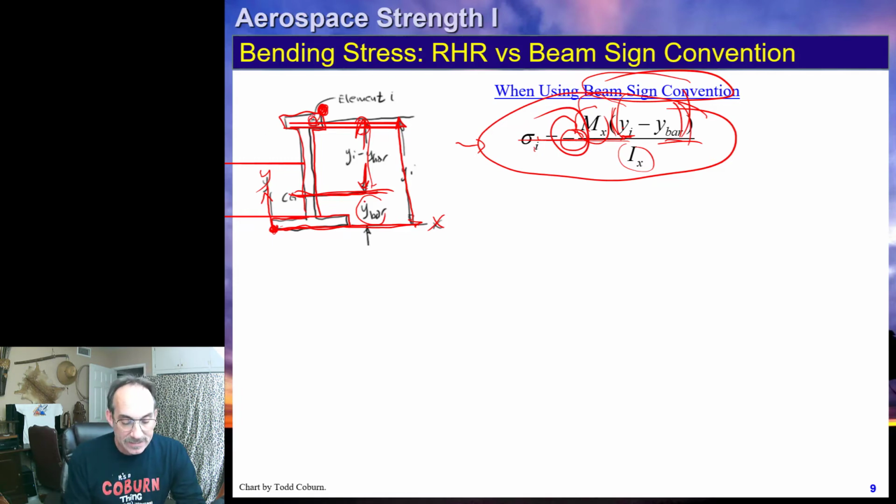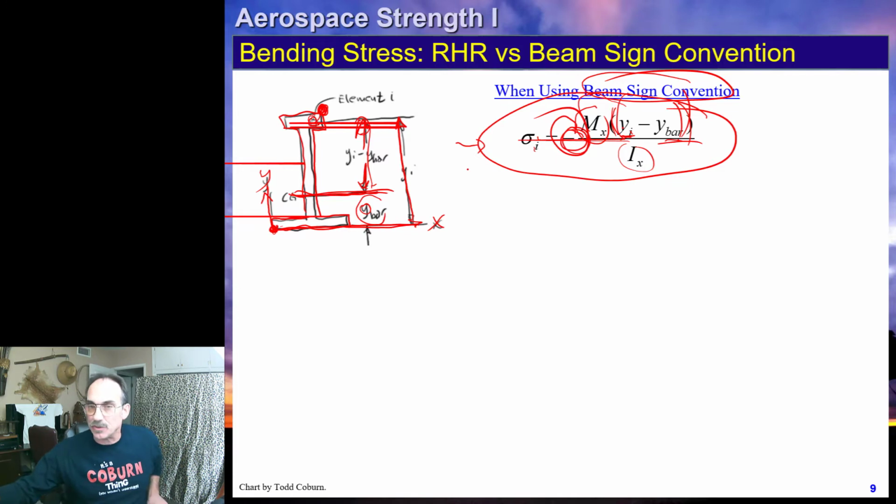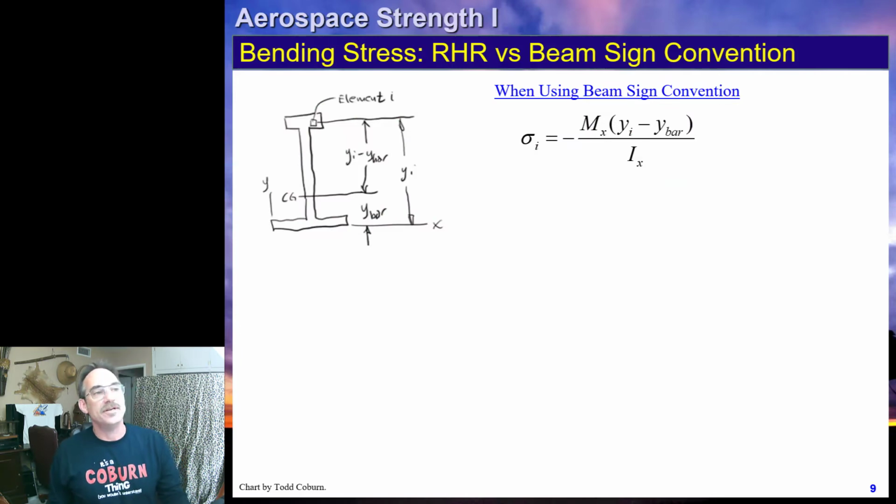If our y is down here, then y minus y bar is negative, and those two negatives cancel, which means it's going to give us a positive stress. So we can use this form of the equation anytime our moment is defined in beam sign convention.